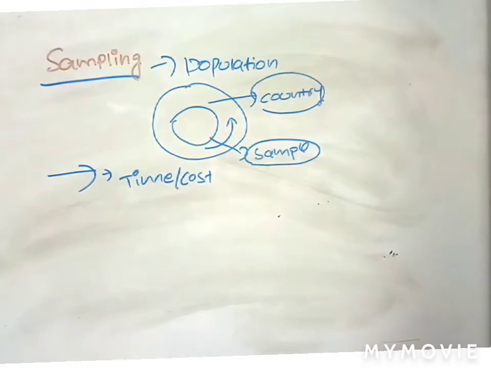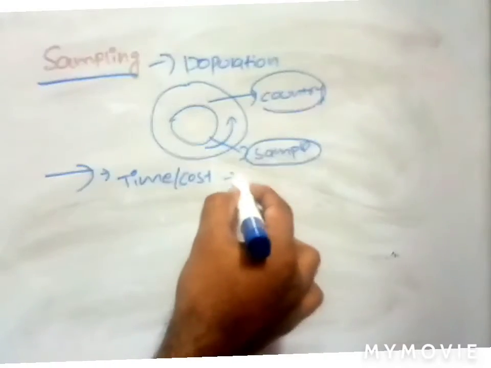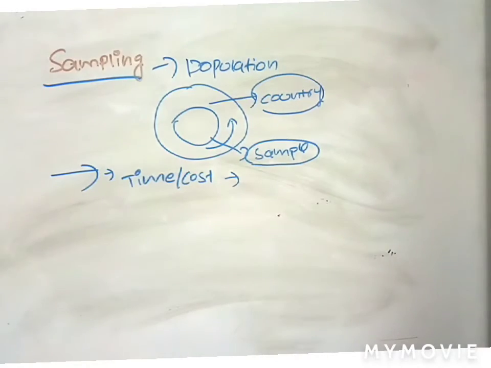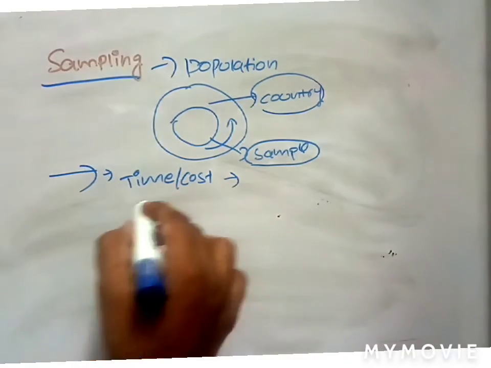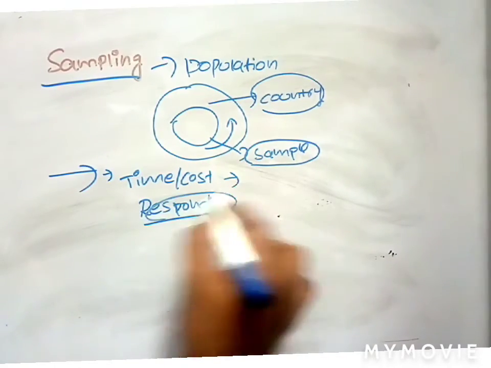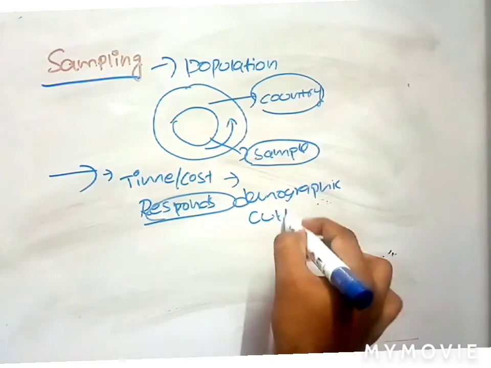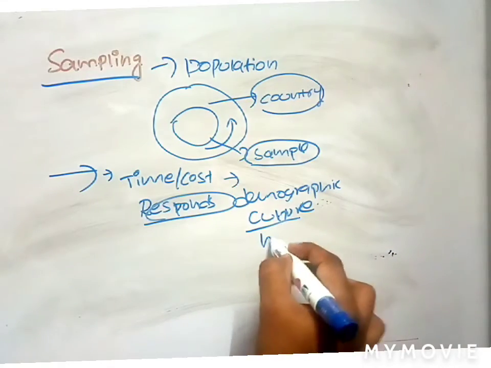Most of the time, if you want to do research on a particular place, let us say the cultural aspects, the eating habits, or the consumption pattern of a particular place, it is very difficult for us to go and ask every individual respondent about their demographics, culture, habits, all these things.